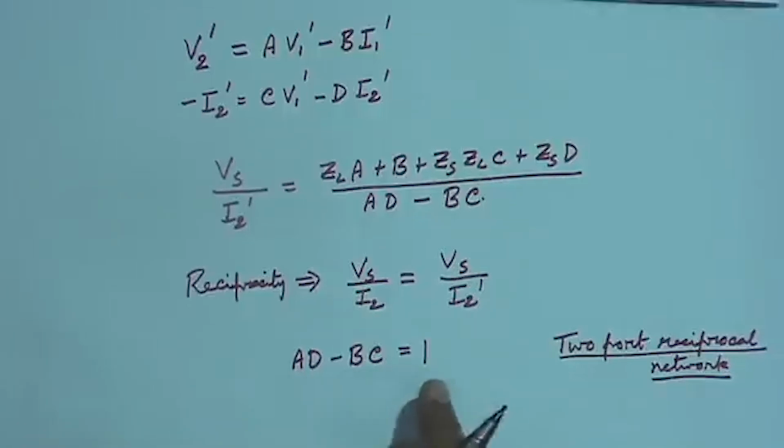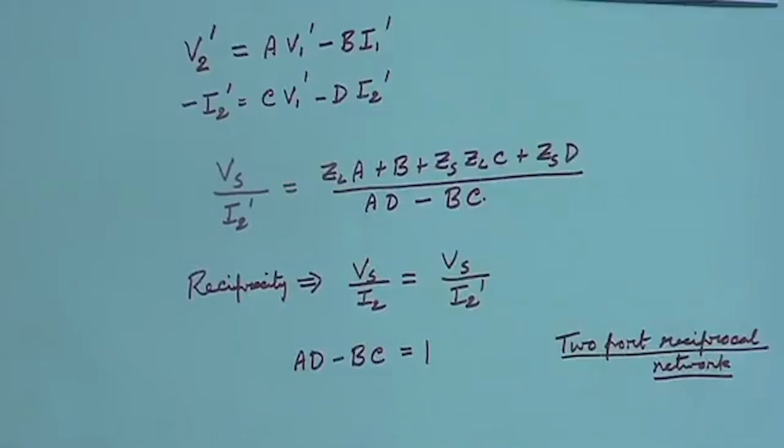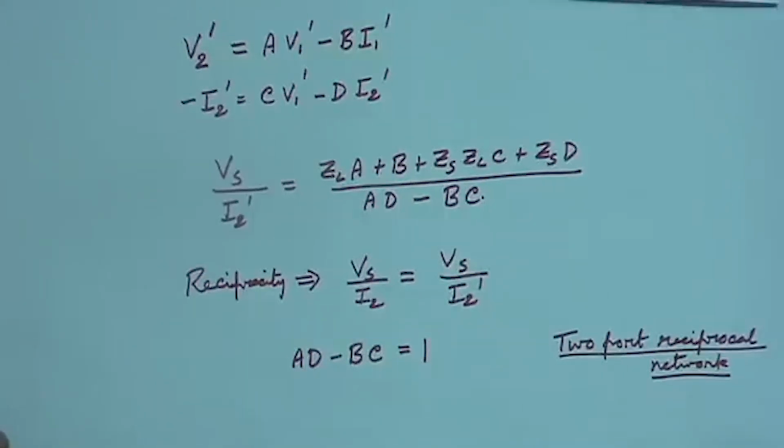Since A, B, C, D are connected like this, 3 parameters are sufficient. Out of these 4 ABCD parameters, minimum 3 parameters will suffice to characterize a network completely. The fourth one I can find from this. So, 3 parameters are needed to represent a reciprocal two port network.